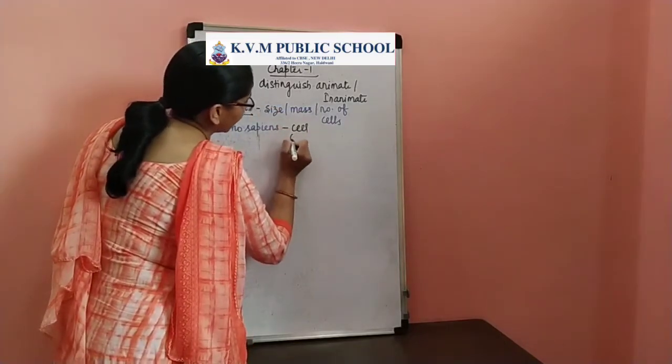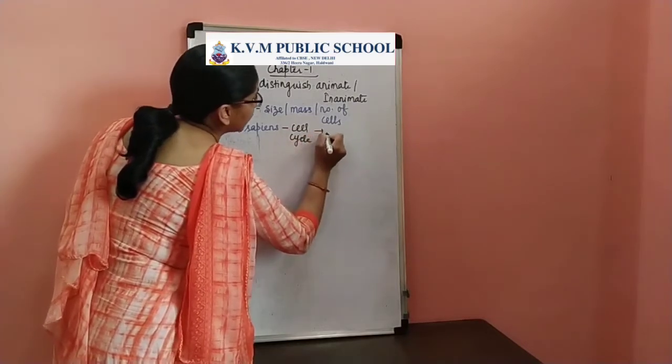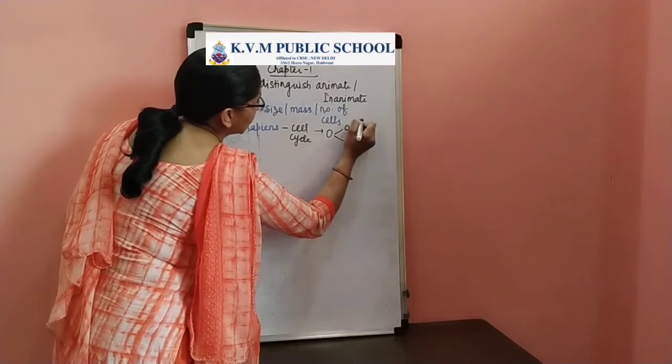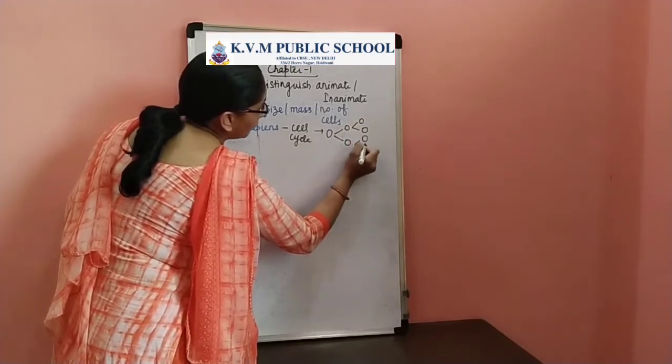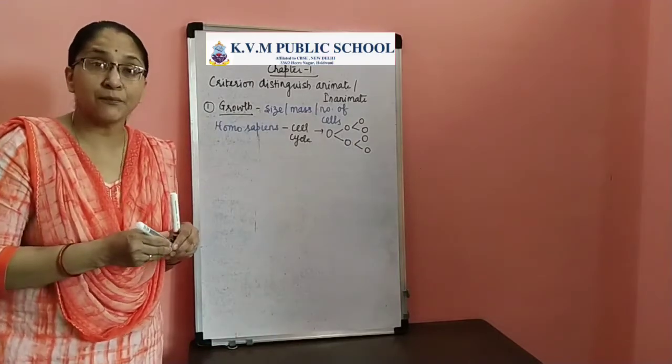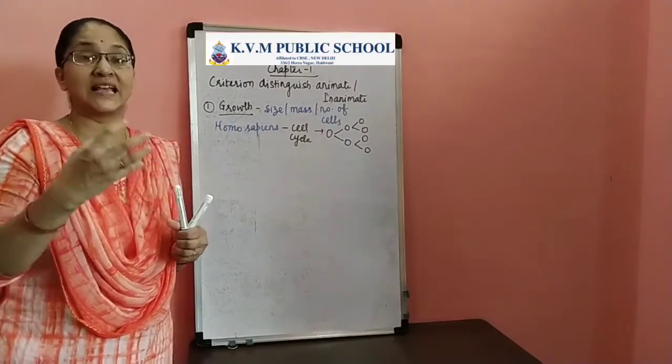By this process, a single cell will divide to form 2 cells, 2 will divide to form 4, 4 will divide to form 8, and so on. Thus, the process of multiplication of cells takes place.